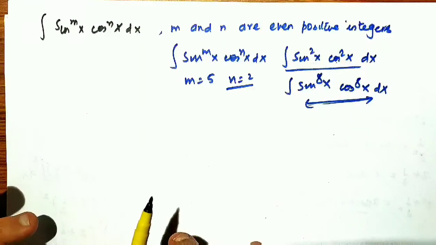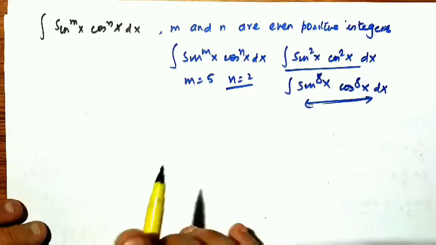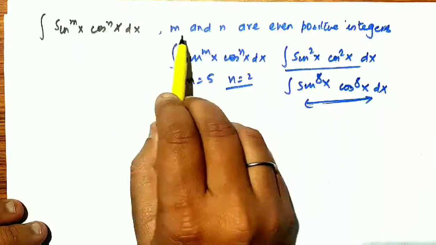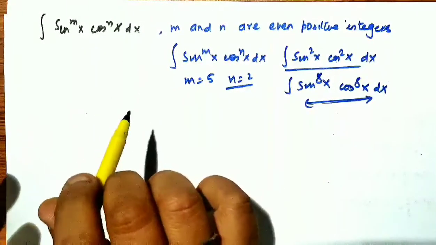Remember, every article must be remembered, especially the conditions. Here the condition is that m and n are even positive integers, then this method is applicable, otherwise it is not.